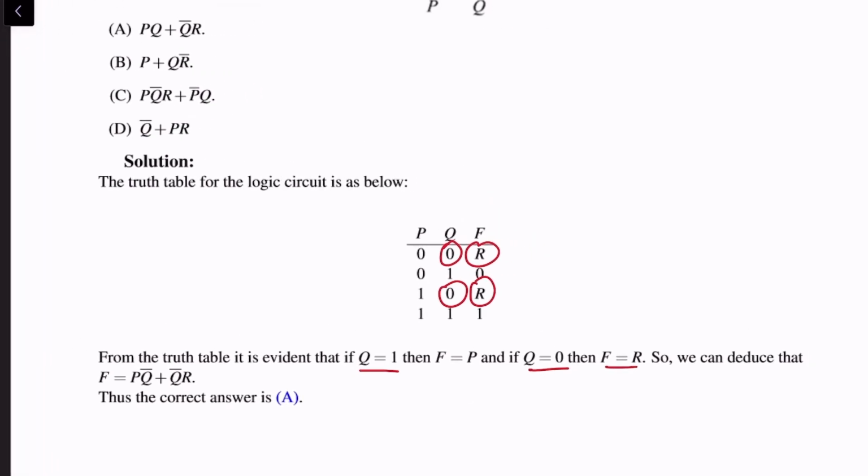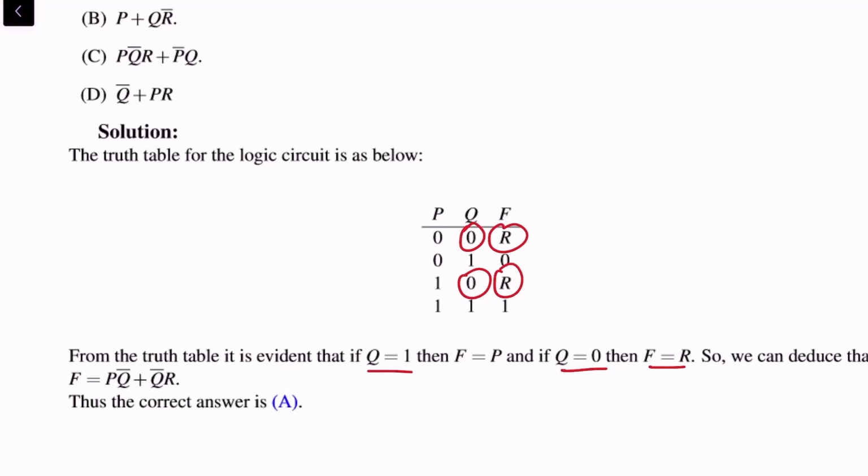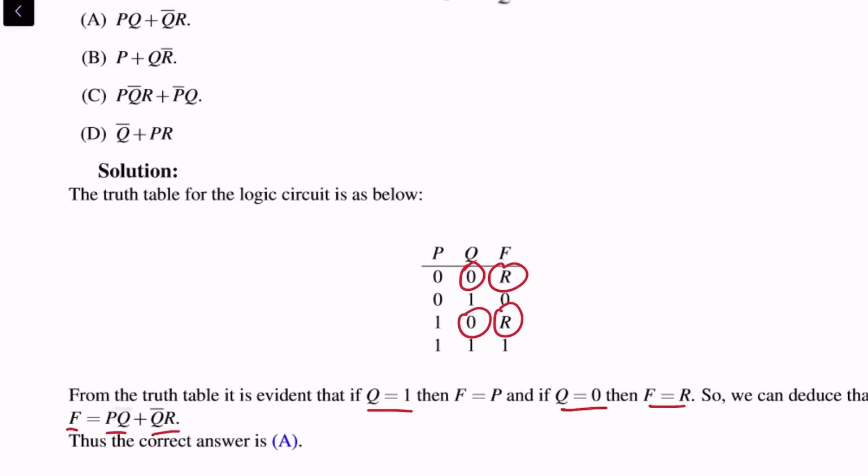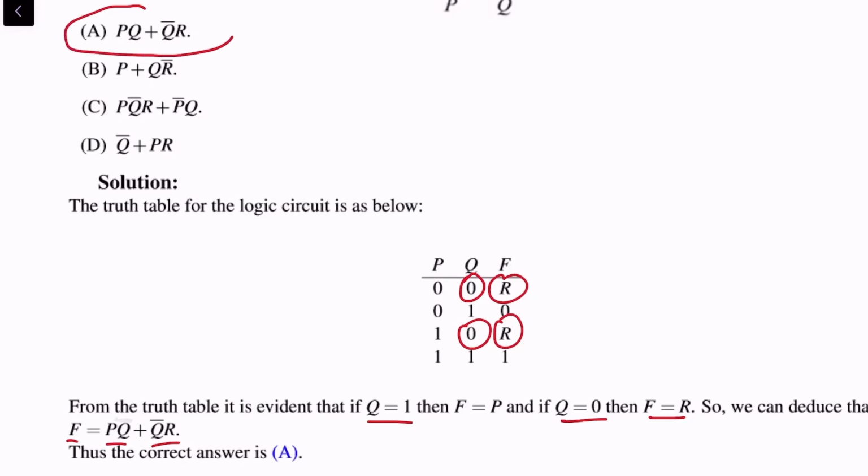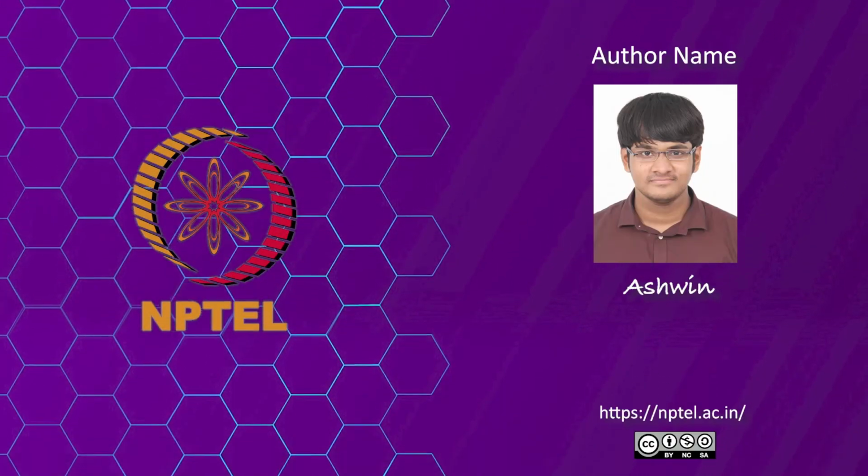So we can conclude that F is equal to PQ plus Q bar R, which is of course the option A.